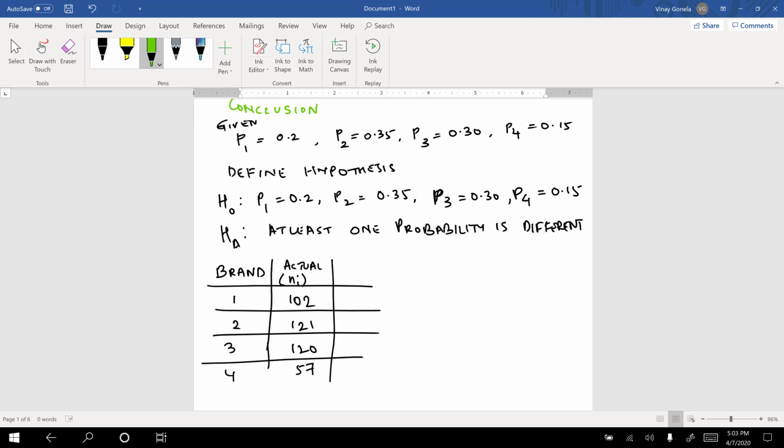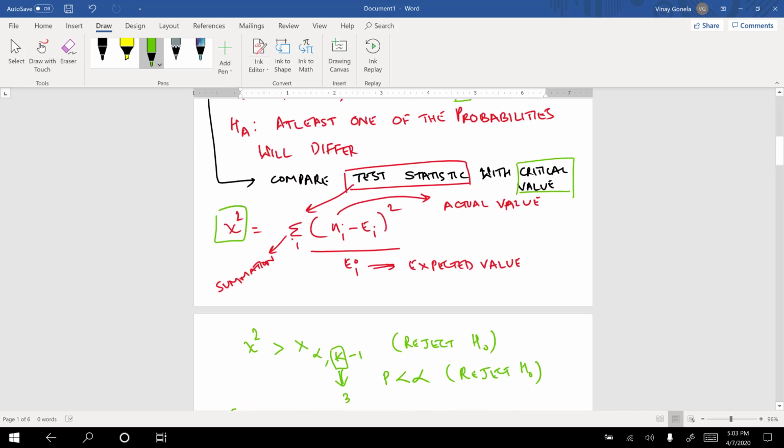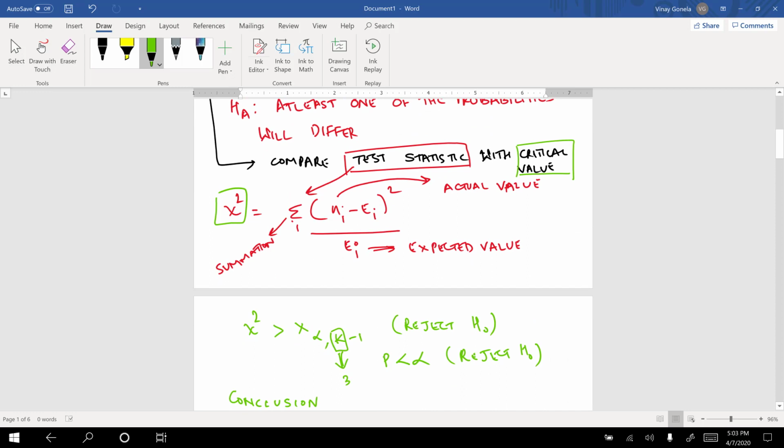The next thing is you have to calculate the expected value. We want to use the chi-square formula to get the test statistic value.